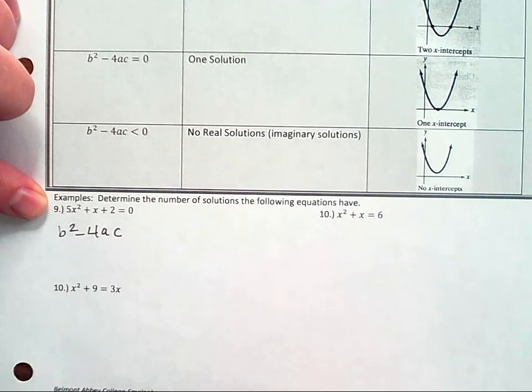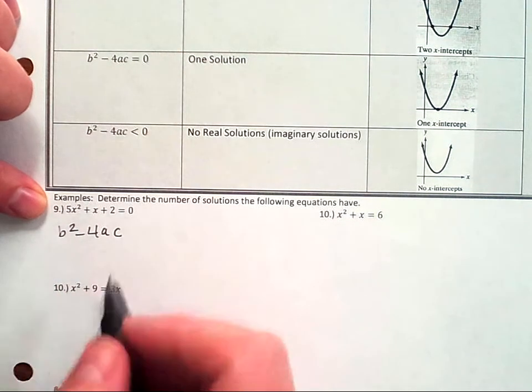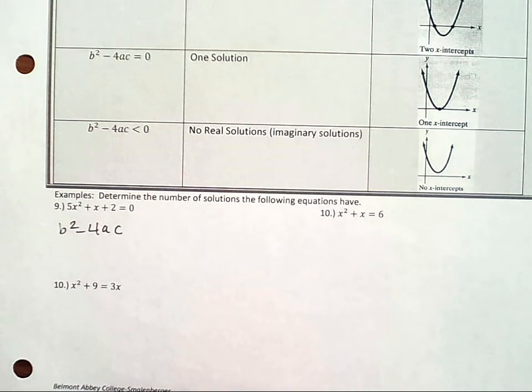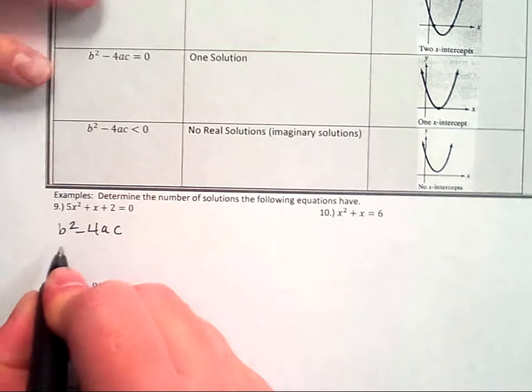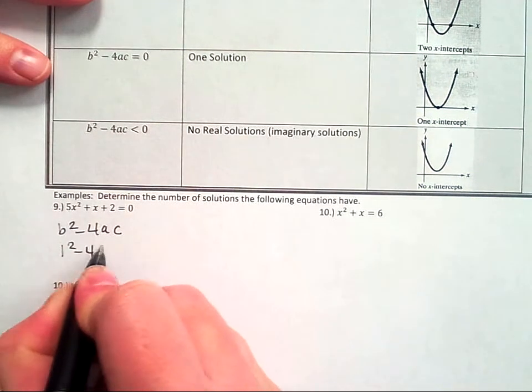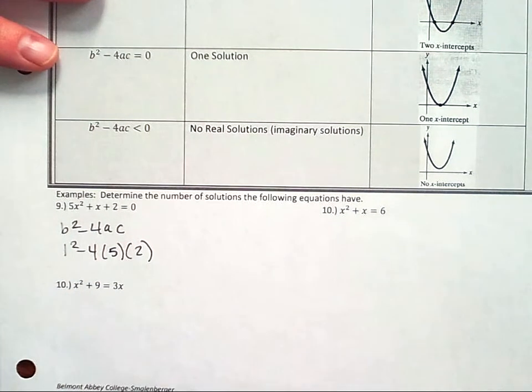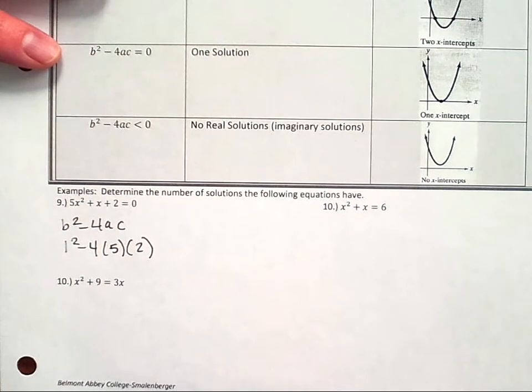Again, I have ax squared plus bx plus c equals 0, and then I can plug it into the discriminant. So for number 9, what's a, what's b, what's c? 5, 1, and 2. So let's put it in: 1 squared minus 4 times 5 times 2. Is that going to be a negative number, positive number, 0?